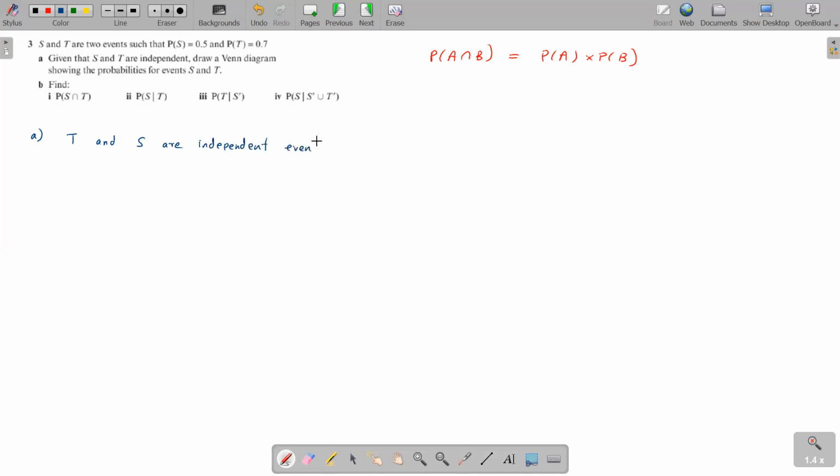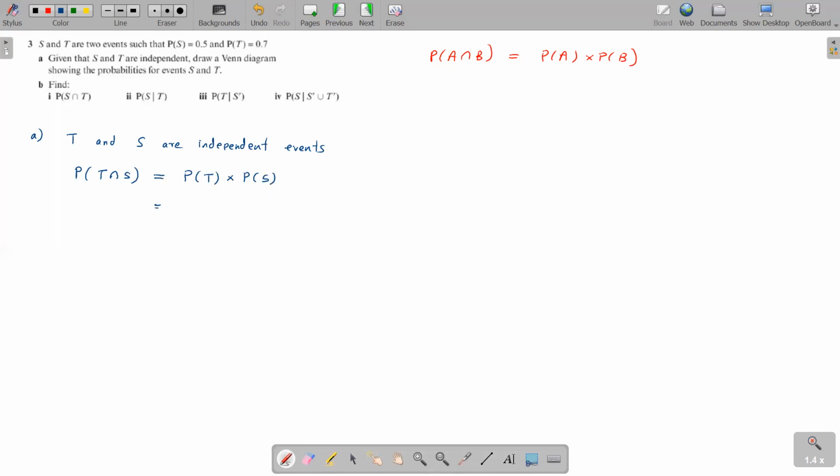when events are independent, what's the rule we are allowed to use? Probability of T intersection S, or you could even say S intersection T, that's perfectly fine, is equal to probability of T times probability of S. So this is the rule that you're allowed to use.